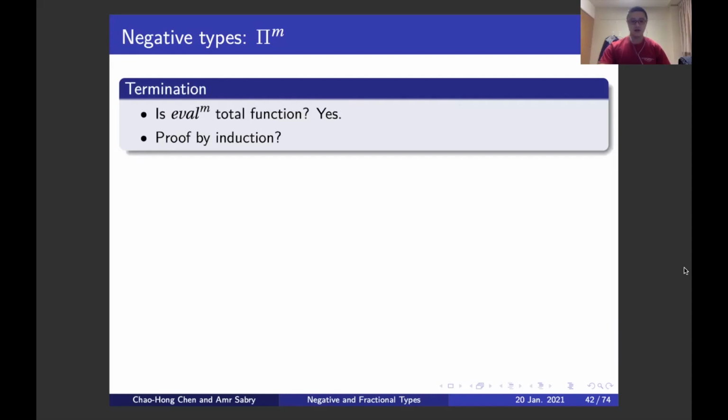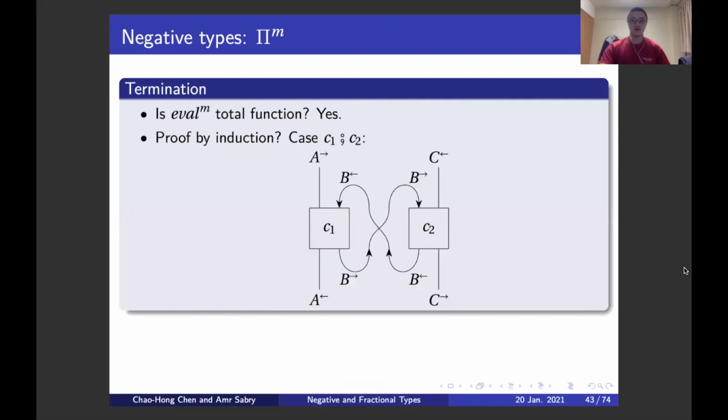Intuitively, we want to prove it by induction, but then we encounter the composition case. As you can see in the figure, the information flow is like this, so it's possible that the execution bounces back and forth between C1 and C2 and never stops. Induction does not quite help here.